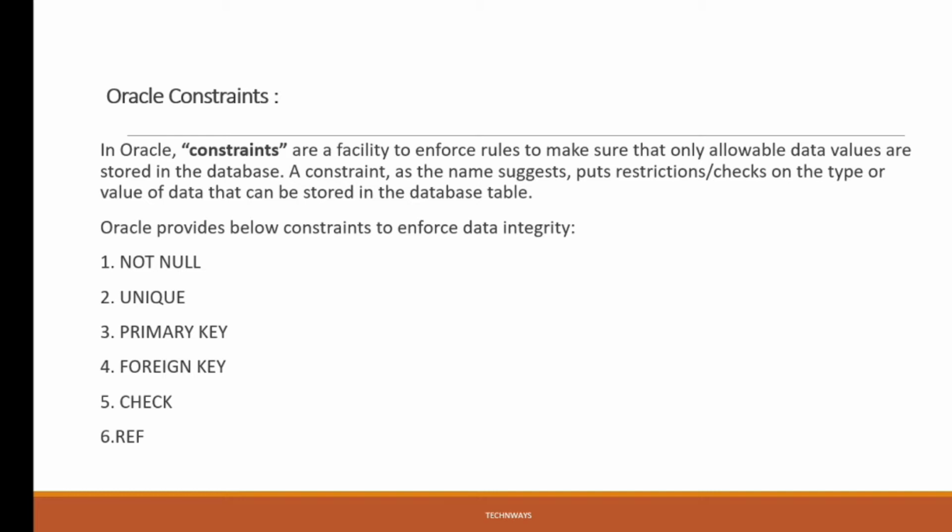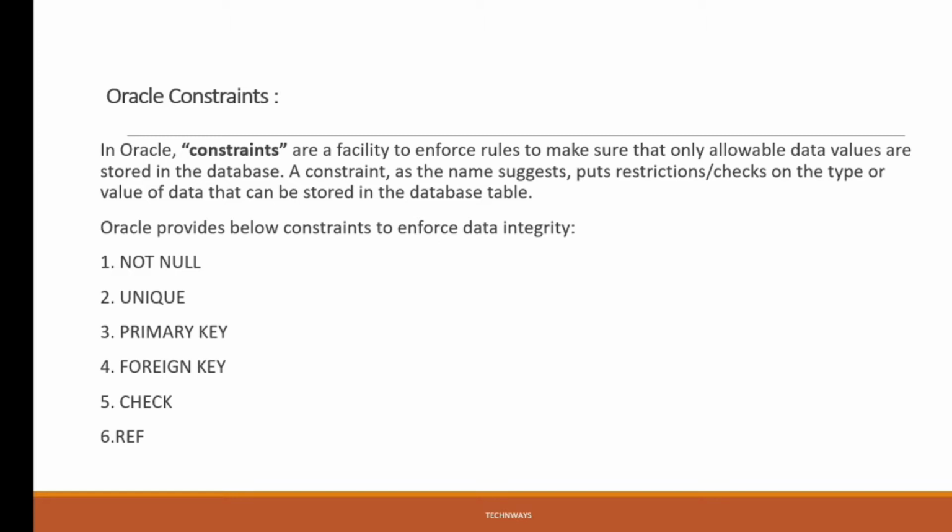If we want every record to have a customer ID when inserting data, we can keep that customer ID as not null. In any case, if a record does not have a customer ID, that data will not get inserted into the database.